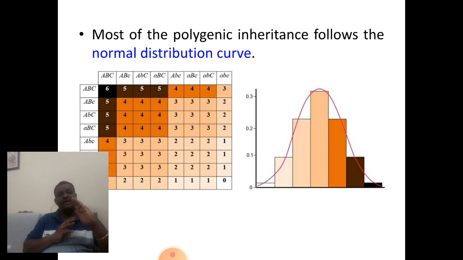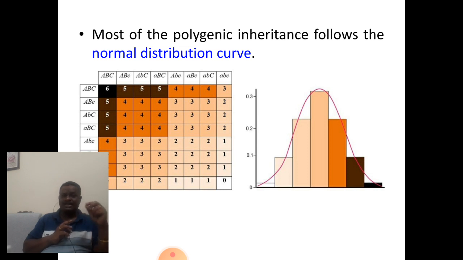Next, number 4 and 2 are equal on either side, and 1 and 5 are equal, 0 and 6 are equal. So when you look at the bar graph shown beside this checkerboard, the middle color indicates the intermediate individuals. So all the time, intermediate individuals will have the maximum number in the phenotypic condition, and the least is followed by the 2 extremities.